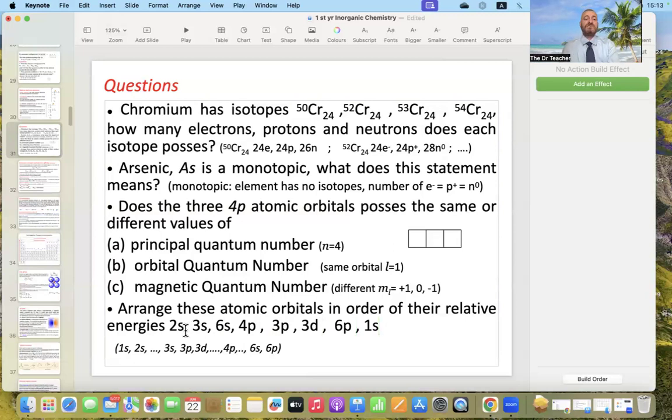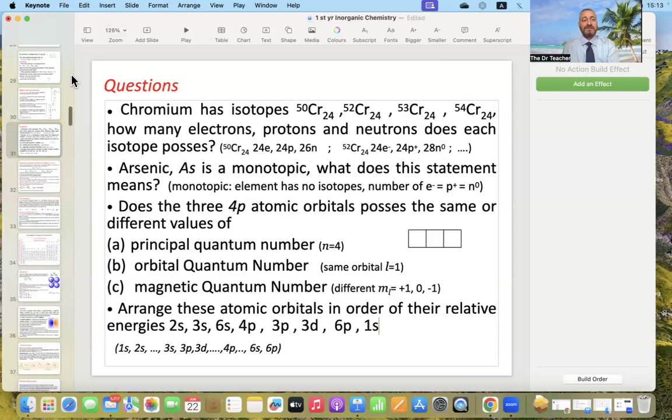If you arrange them, you have to go by energy. The lowest energy takes number 1: 1s2, then 2s2, 3s2. Then 4s2, but there is no 4s2 here, so we have 3d. Once the 3d is finished, we can come back to the drawing.